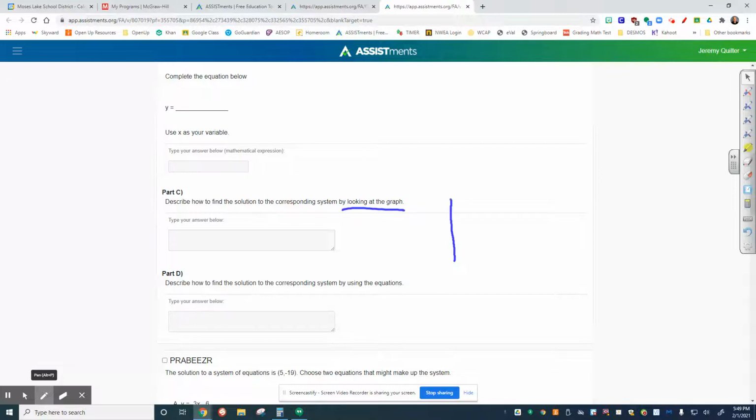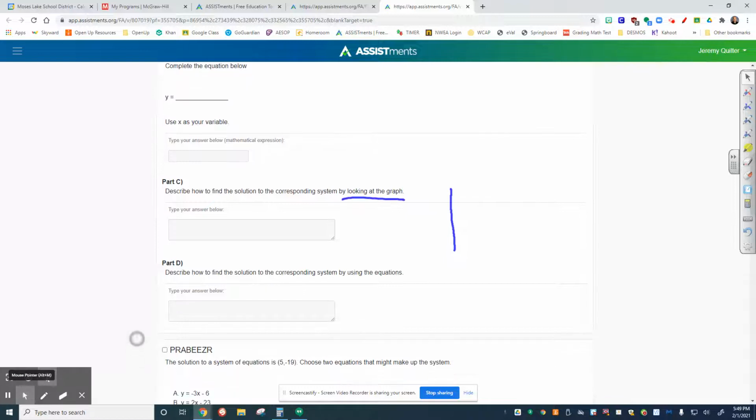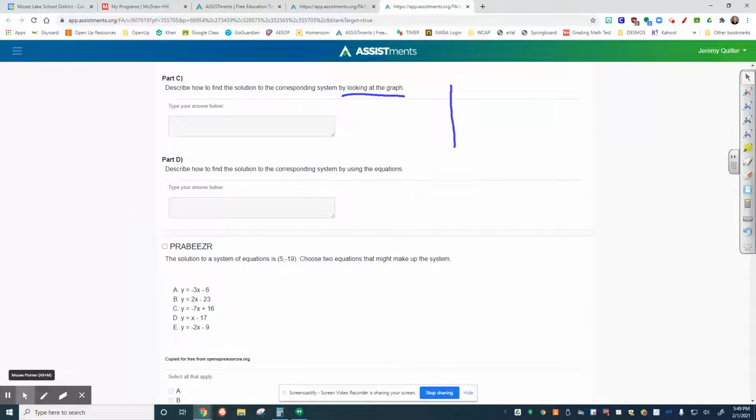Part D, when we look at part D, describe how to find the solution to the system using the equations. Well, I'm just going to show you real quick what we're going to do with that. We had two equations. We had y equals negative 3 times x plus 8. And we had y equals 3 times x plus, I think it was 2.